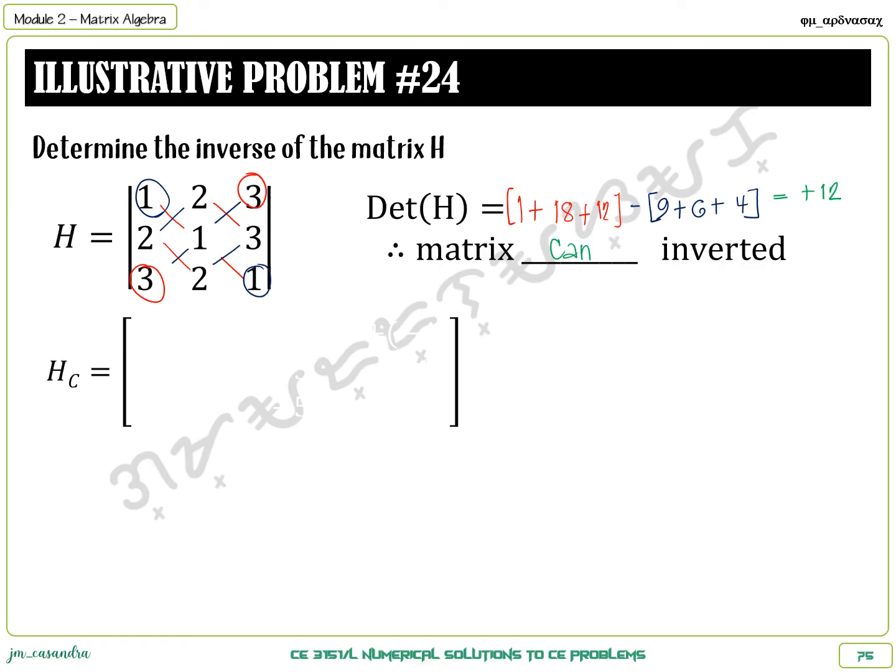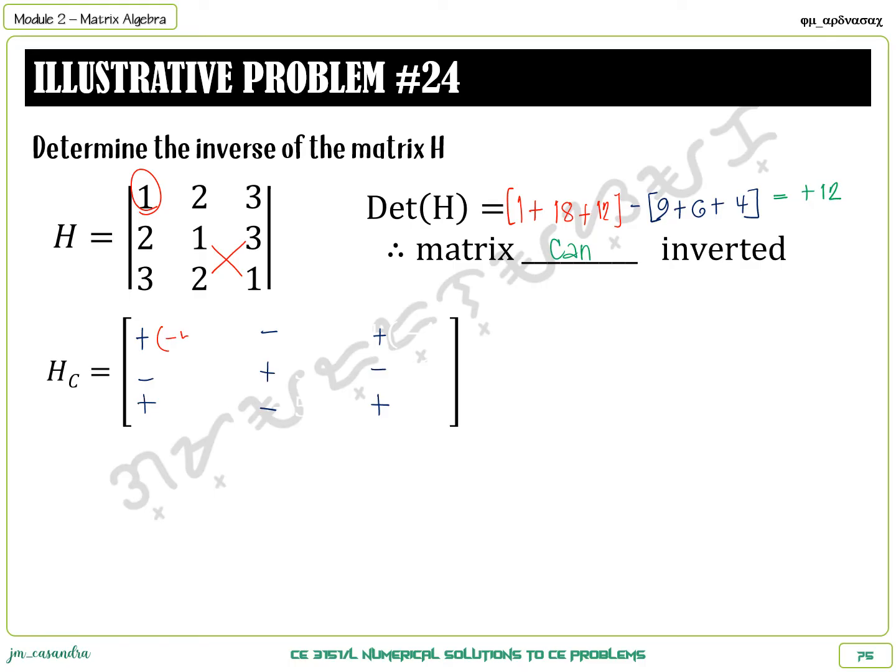So for our cofactors, we know that for our elements, it will have a sign convention of positive, negative, positive, negative, positive, negative, positive, negative, positive. So let's solve for the first row first. So for element 1, 1, that will be 1 times 1 minus 2 times 3.